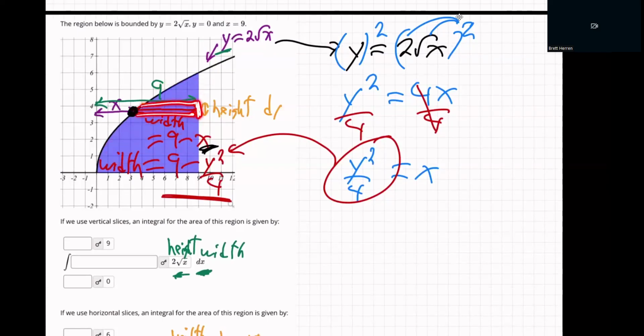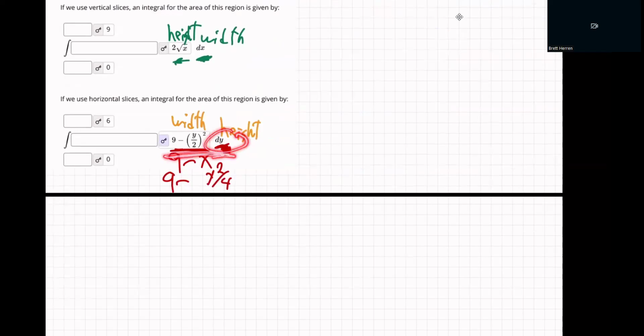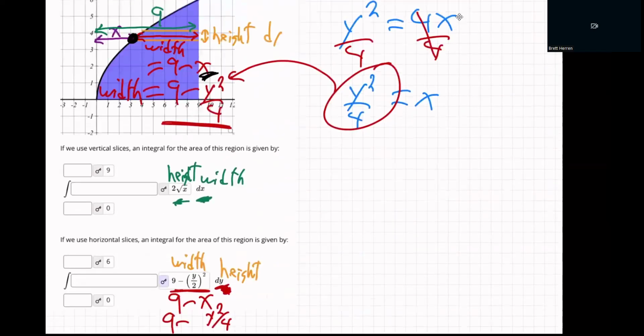The height is dy. The width is a little tricky. It's 9, because this goes all the way to 9, right? Take away x, because x is from the axis over to the graph. So it's 9 minus x, but then you've got to take this equation and get x alone. X is y squared over 4. So it's 9 minus y squared over 4, because you've got to have it all in terms of y when you have a dy. And so that's tricky. And there we go.